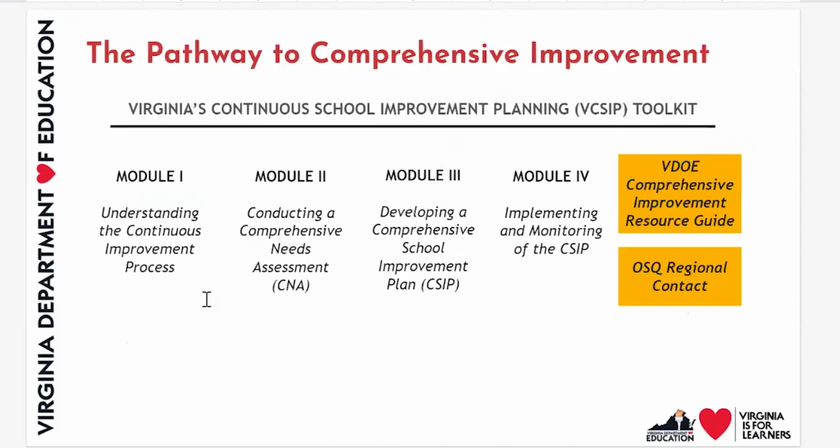And you can see how this lines up, this Virginia's Continuous School Improvement Planning process of the 4 modules that we have. And again, it's there for you. It's this training for you to support you. And so, you know, you may have had plans in the past. You may have been great at working at CSIP, but you might say, you know, we just never get to the root causes. We just never really figure out what the real problem is.